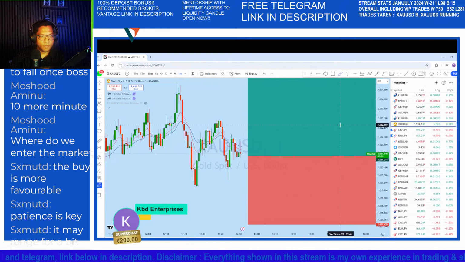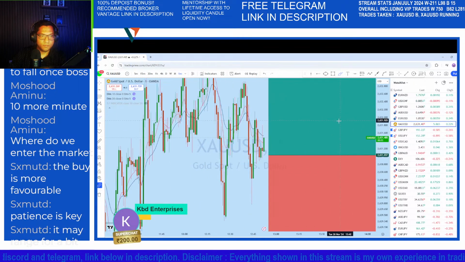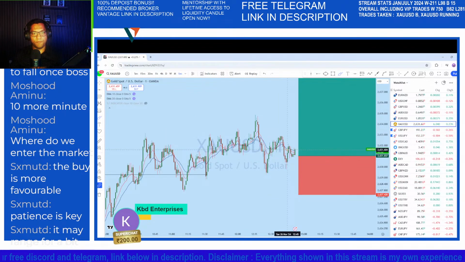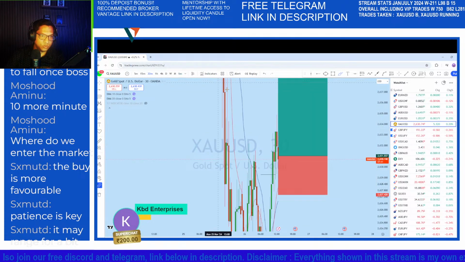And okay, want to see that if it is not showing a strong breakout, then it's not a very good one to hold.